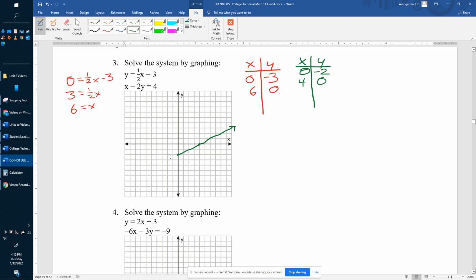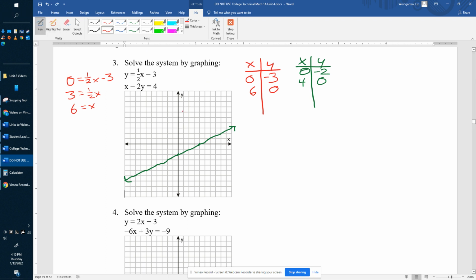Okay, we got one line down. Let's look at the other one.